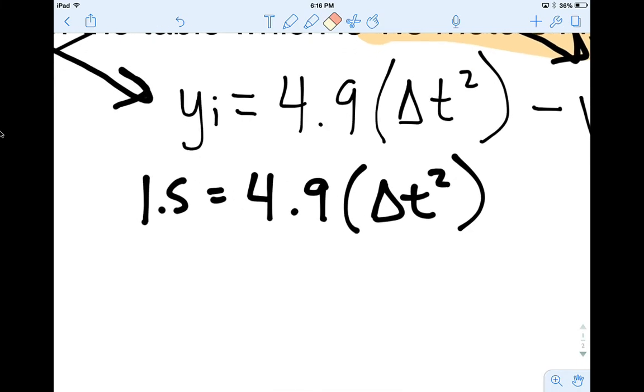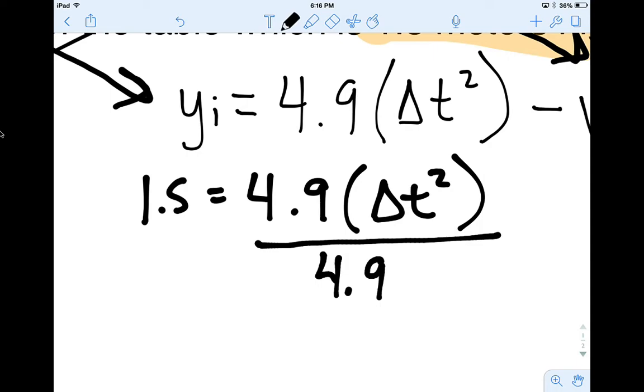I'm trying to get delta T by itself. The first thing I need to do is get rid of this 4.9. How do I do that? 4.9 is multiplied by delta T squared, so I need to do the opposite of multiplication, which is division. I'm going to divide both sides by 4.9.